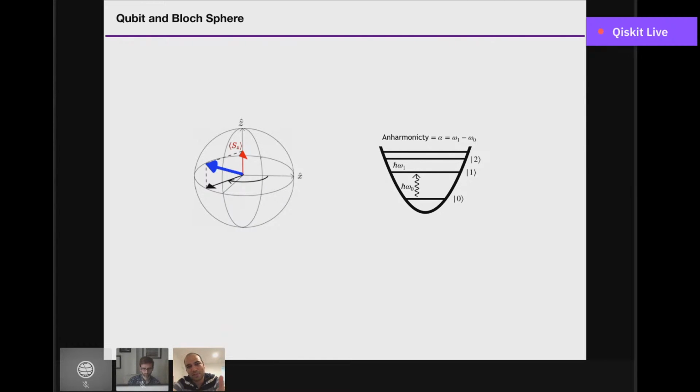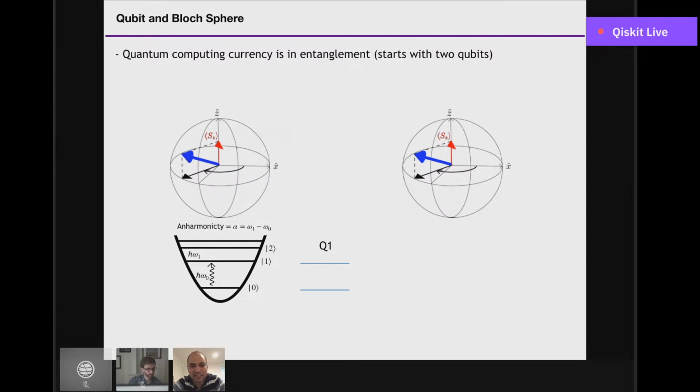I have some sort of harmonic oscillator with some anharmonicity, at least in a superconducting qubit. But if I can isolate the states 0 and 1 and shine a frequency that matches that level, then the other levels become irrelevant and I can ignore them. In a very simple case, my qubit is level 1 and level 2.